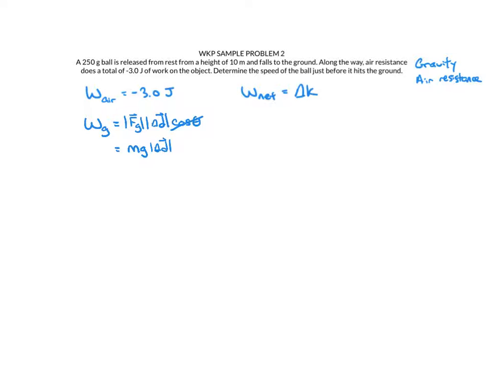If I make a list of the variables, I know my mass is 250 grams, which needs to be in kilograms actually for the SI units, so that's 0.250 kilograms. I know my g value is 9.8 newtons per kilogram.